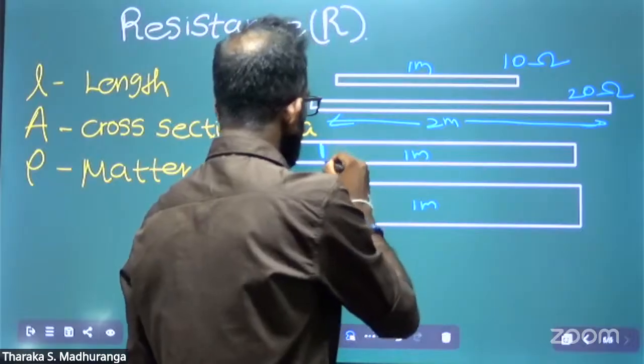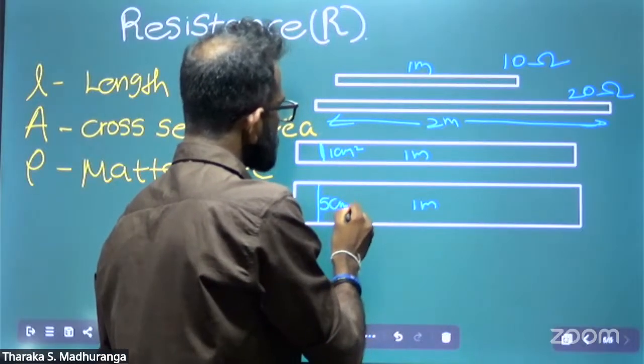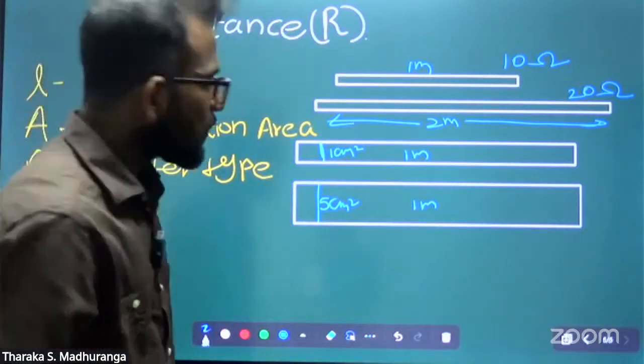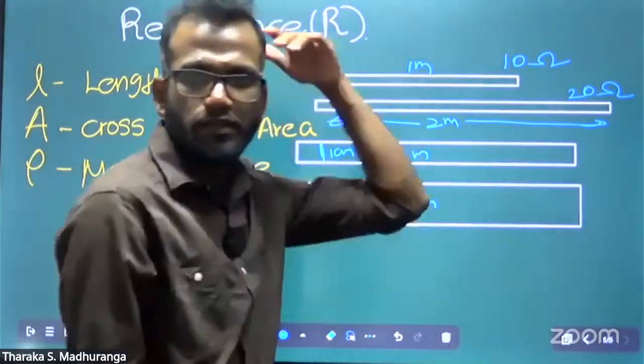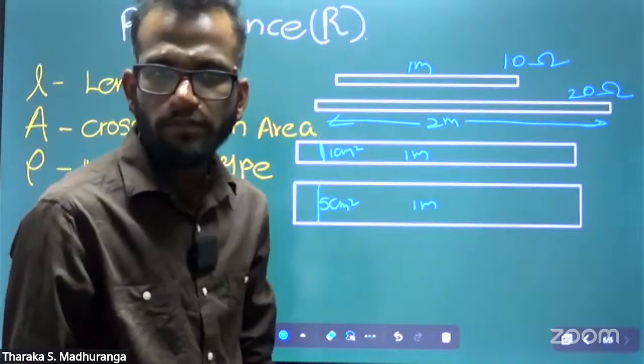Cross-section area 1 square centimeter and 5 square centimeter. Increasing or decreasing? When we increase the cross-section area, same material, copper and copper.